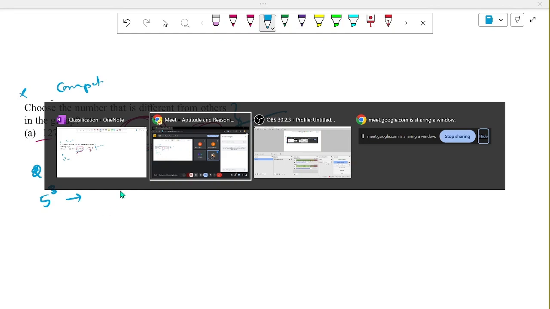At least tell me the answer of this one. Anyone? 5 cube equal to?